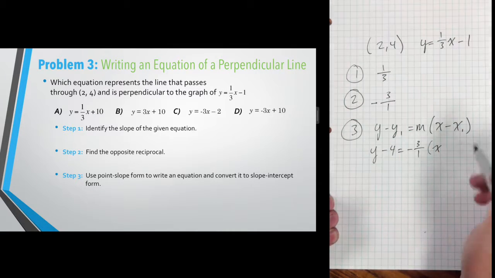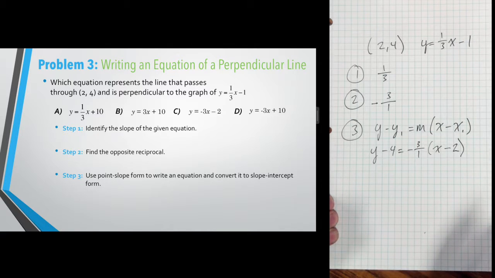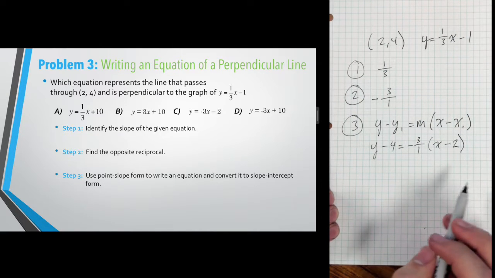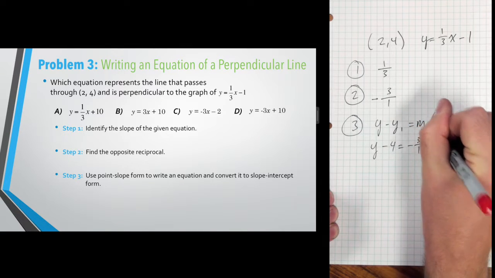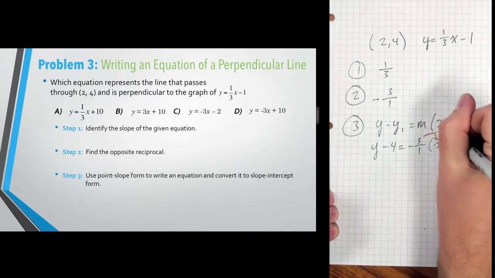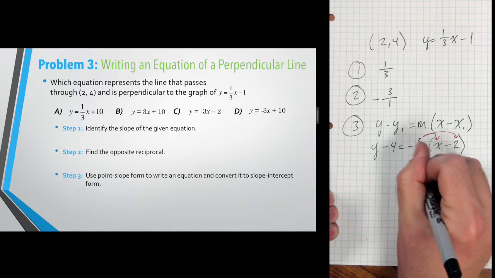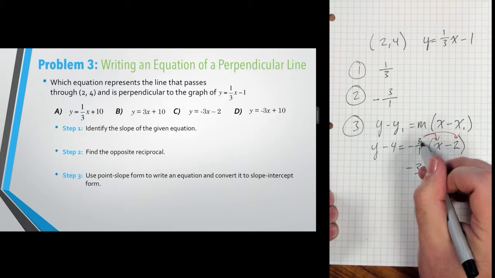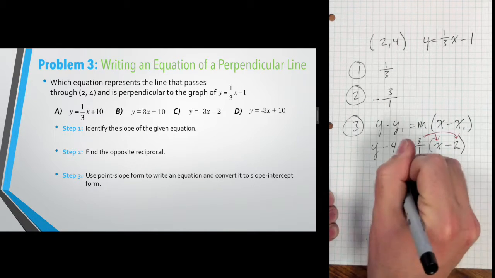Times x minus x1 is 2. Now we need to convert it to slope-intercept form. So distribute negative 3 over 1 times x. Well, that's just negative 3x. Negative 3 over 1 times negative 2 is plus 6.